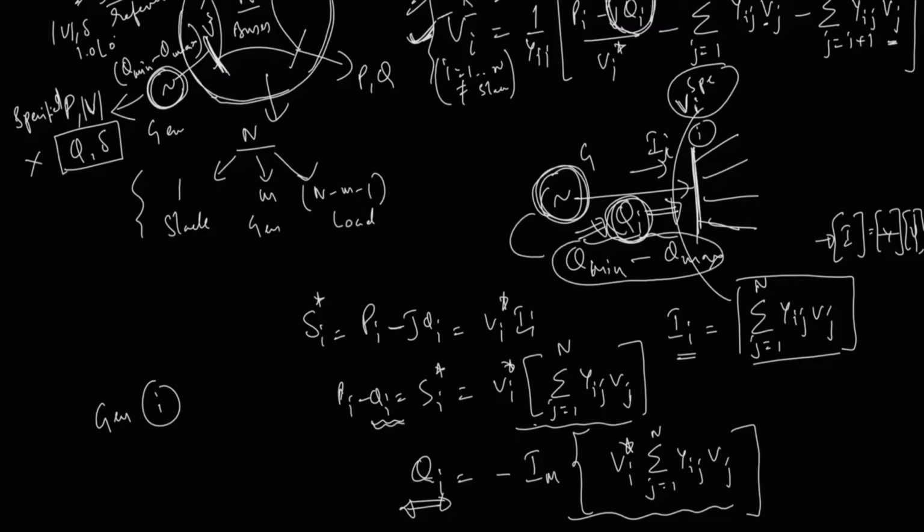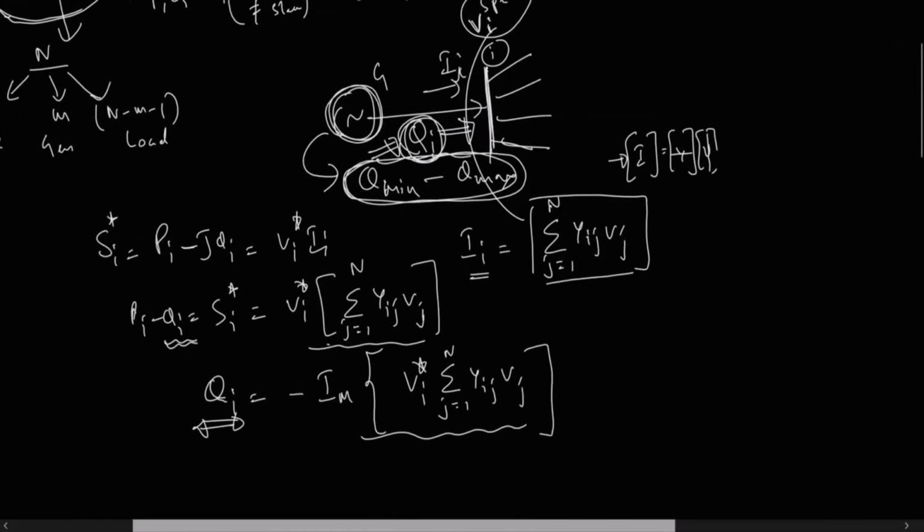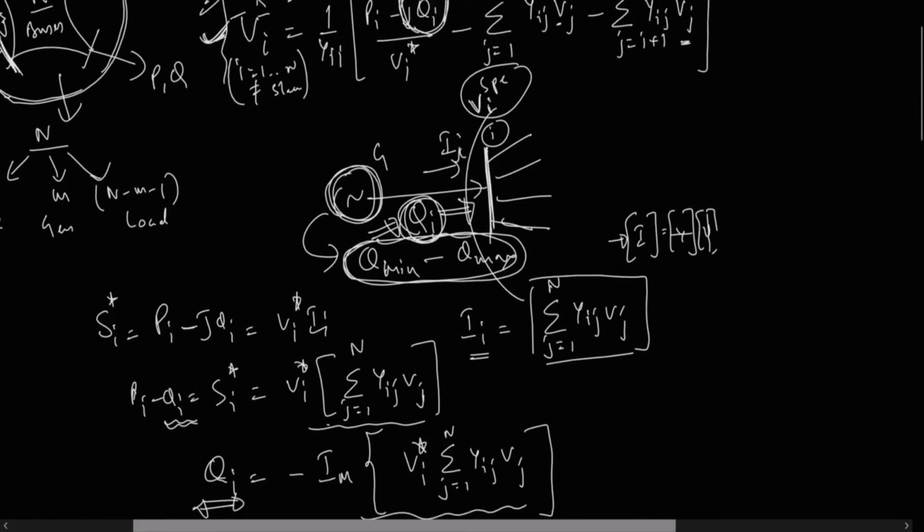The generator limits are already given to us. So we are now trying to check with the limits. Now there is a small logic here.